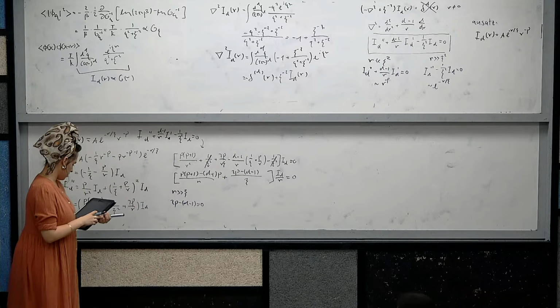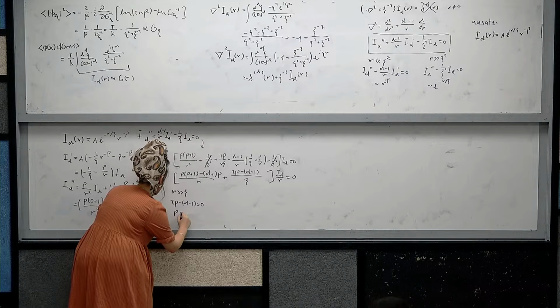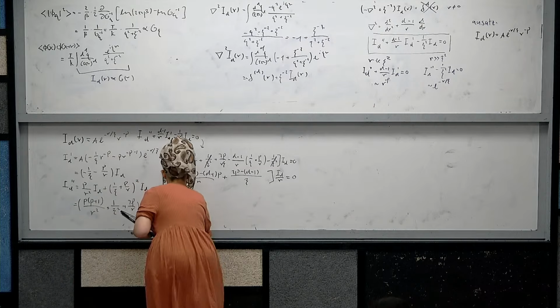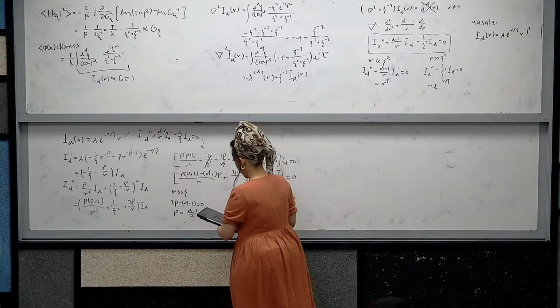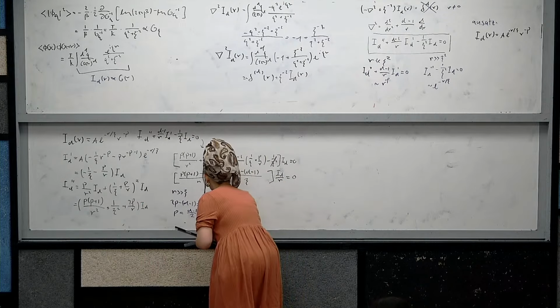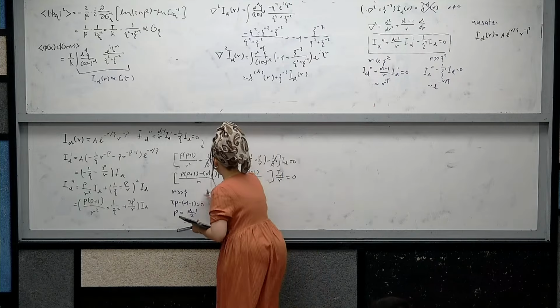Okay, so we have p equals d minus 1 divided by 2, and the Green's function, which is the correlation, goes this way.